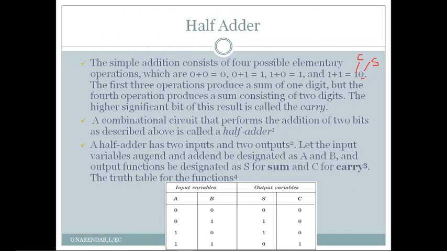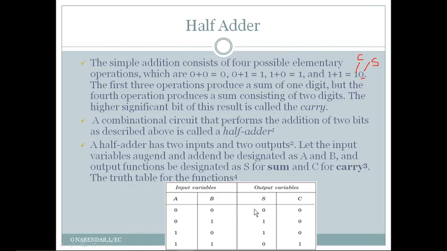So here when we see the sum function, you can see that this sum function is similar to the XOR function that we already learned. You can see the truth table is very similar. The function is 0 when both the inputs are same, either 0 0 or 1 1. The function is 1 when both inputs are different.